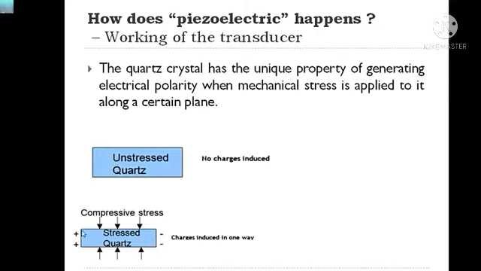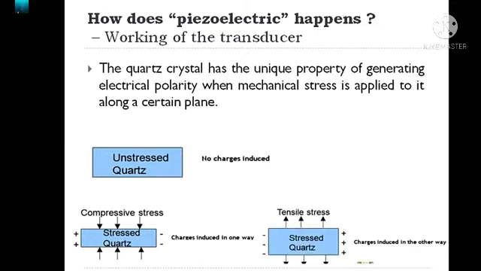Hence, a potential difference appears across the crystal. This is how the crystal is able to convert mechanical force into an electric signal. So electrical polarization, hence a potential difference exists across the sides of the crystal. And when tensile stress is applied, the charges are induced the other way. You can see this diagram.